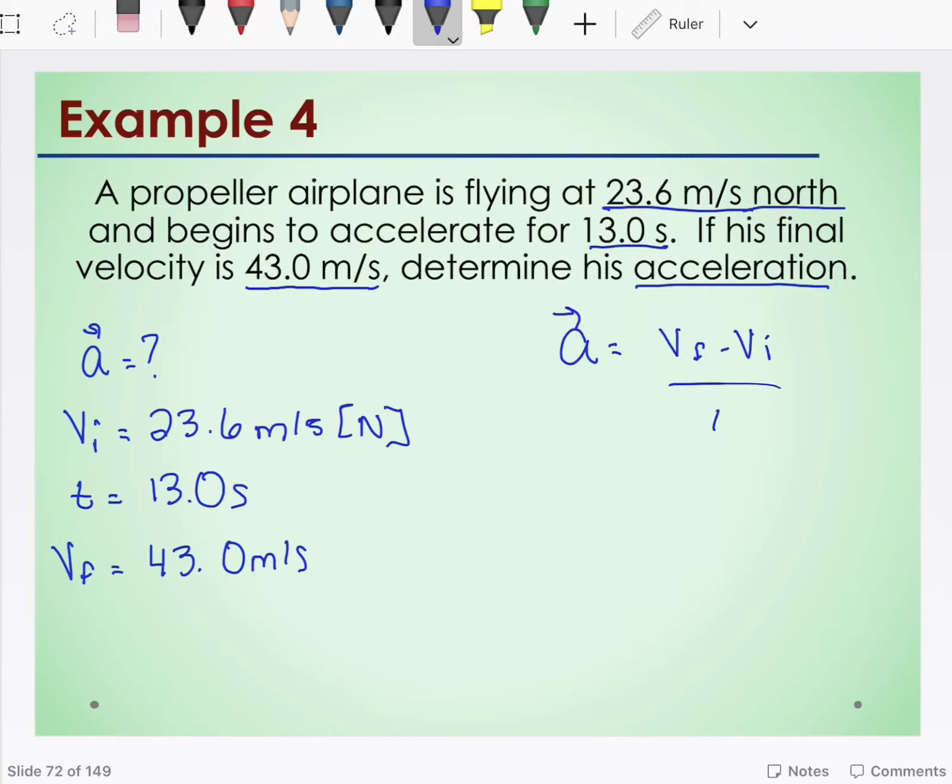VF minus VI over T. Okay, my VF is 43 meters per second. I'm going to guess that that's north, but it doesn't say. Subtract 23.6 meters per second north divided by 13 seconds. Okay, give me a second.